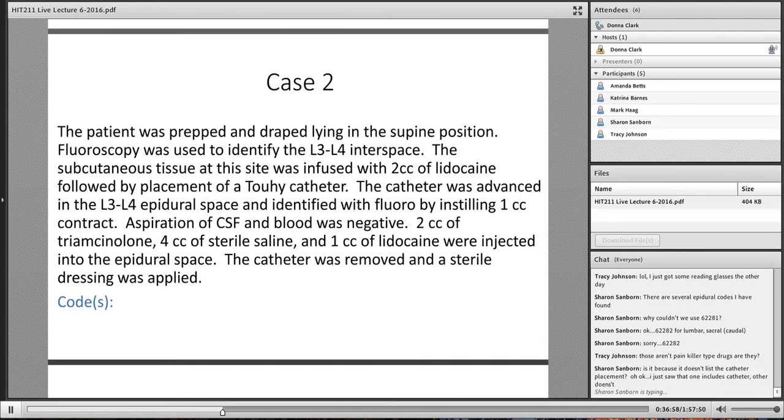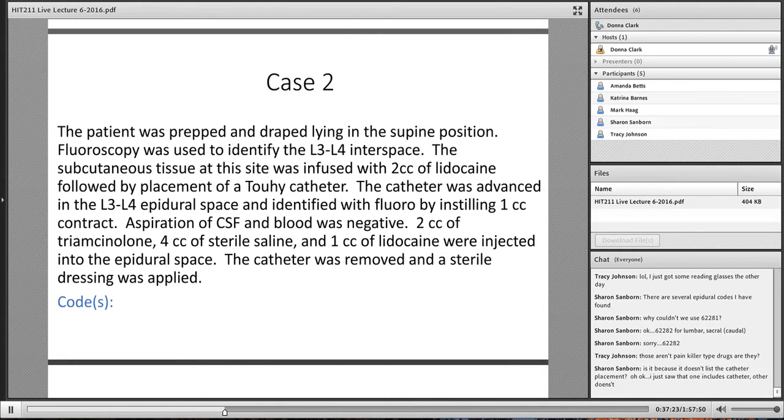And then the one you listed says injection infusion of neurolytic substances, and the code that we need is injection of diagnostic or therapeutic substances, including, and it lists those out, and not including neurolytic substances, and it also includes catheter placement. So that's the major difference.